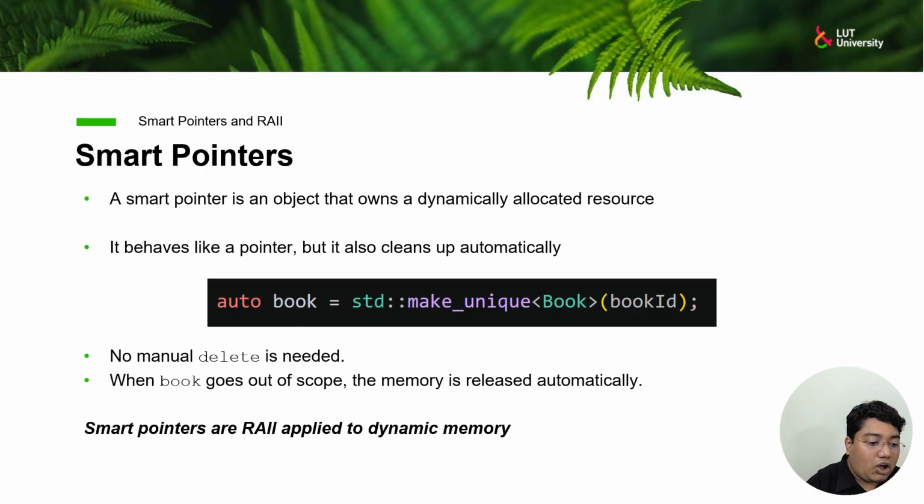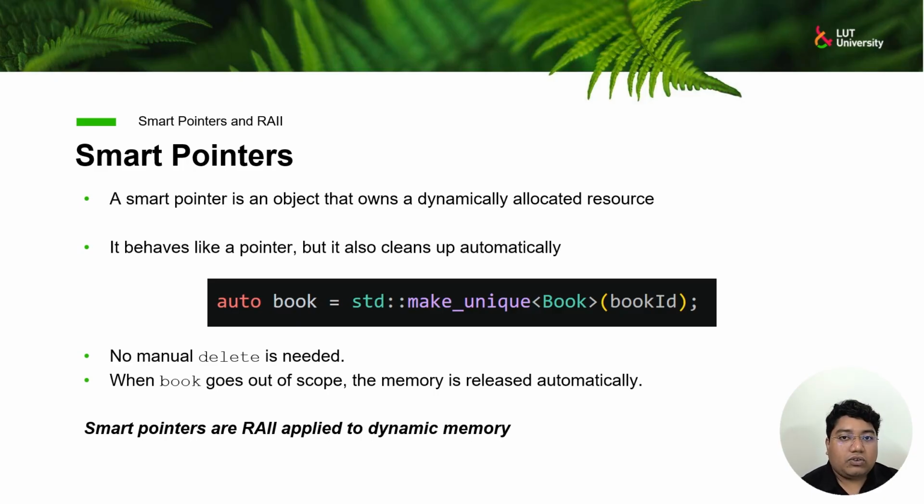You can access the object through it. You can dereference it. But there's one huge difference. When the smart pointer goes out of scope, its destructor automatically releases the memory. There's no manual delete and there's nothing to remember. The cleanup happens automatically because the smart pointer itself follows the RAII principle.